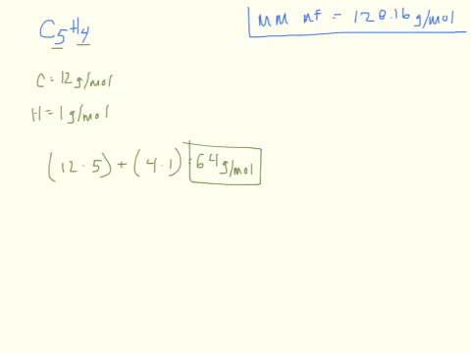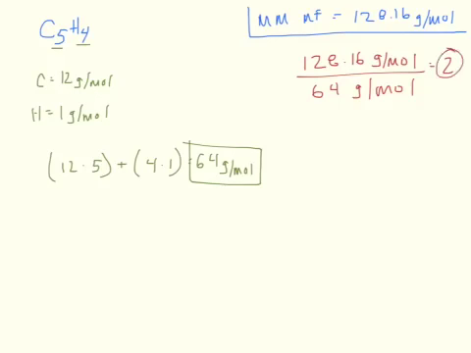All right, so we have our empirical formula. We have the molar mass for that empirical formula. We have the molar mass for our molecular formula. Let's divide those bad boys. So 128.16 grams per mole, that's our molecular formula, divided by our empirical formula molar mass, which is 64 grams per mole. That division should end up giving you somewhere around 2.